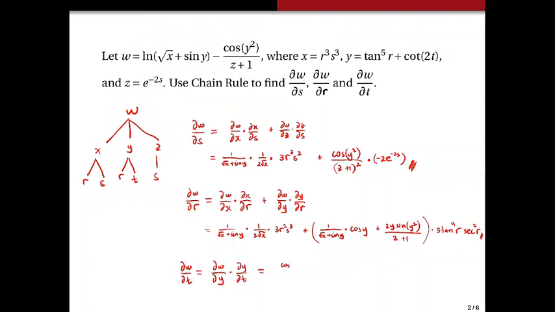We'll have cosine y divided by square root of x plus sine y plus 2y sine y squared over z plus 1. So that's partial w with respect to y. Then partial y with respect to t, we have this. This will disappear after differentiating with respect to t.